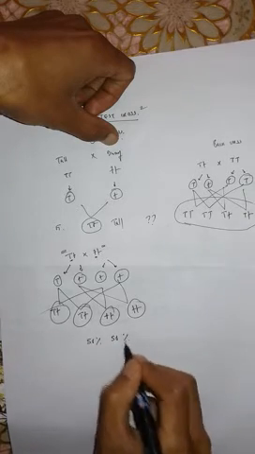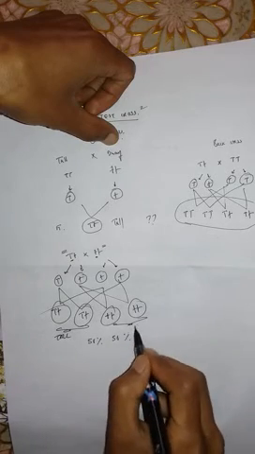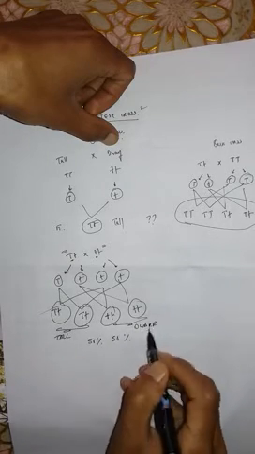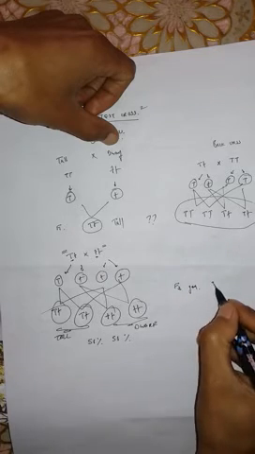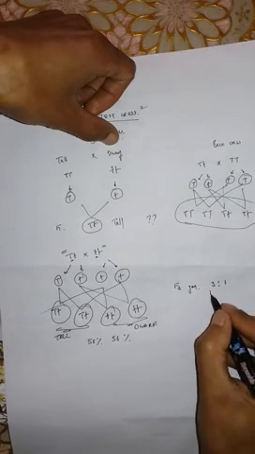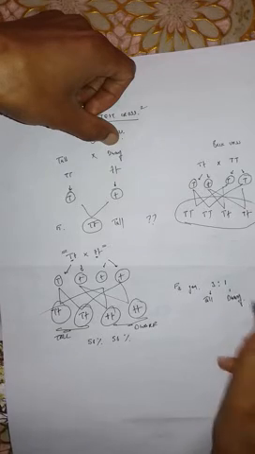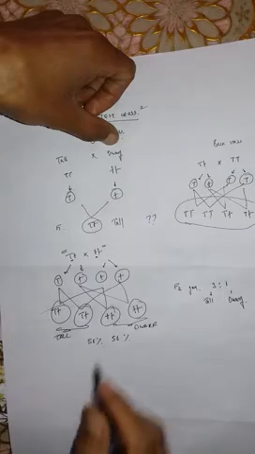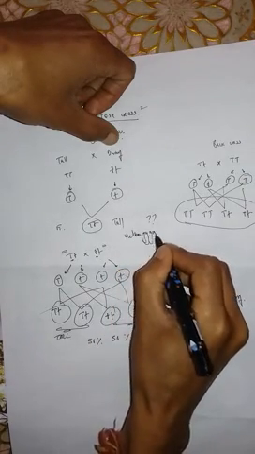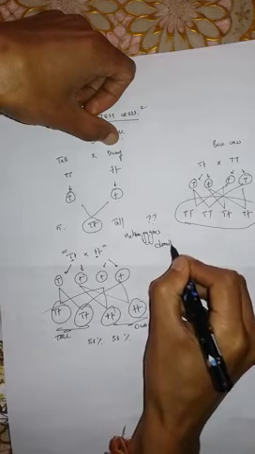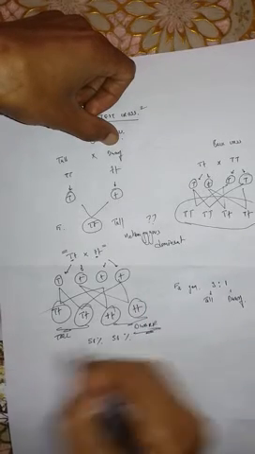That means when we cross the F1 progeny with the recessive parent, we get 50% tall pea plants and 50% dwarf pea plants. And in Mendel's F2 generation we got the ratio of 3:1, where 3 is tall and 1 is dwarf. So when the F1 progeny is heterozygous dominant, then we will be able to see the dwarf parent.